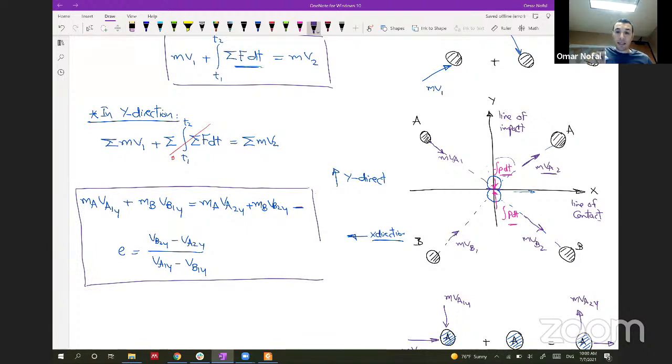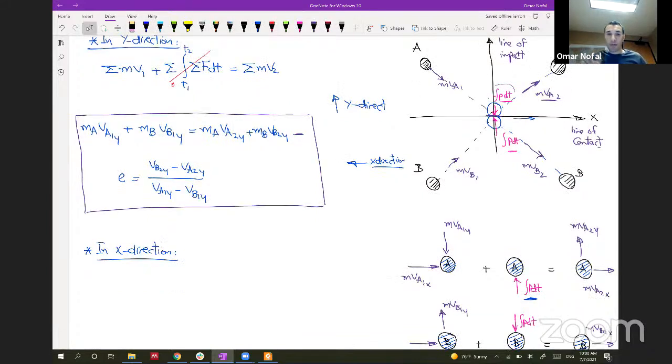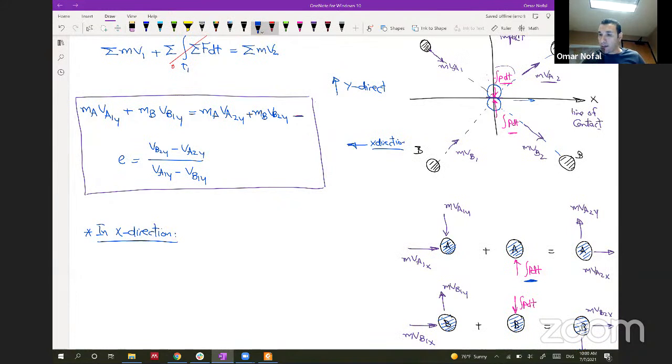Right, and let's get to x direction to see what we have. There are not any impulses in x direction, and all we have is just this and this. All the other things are in y direction.